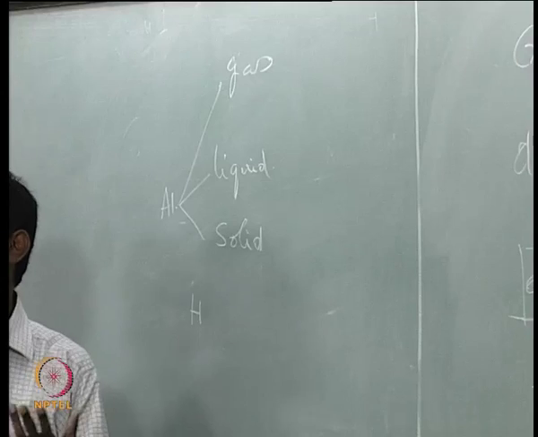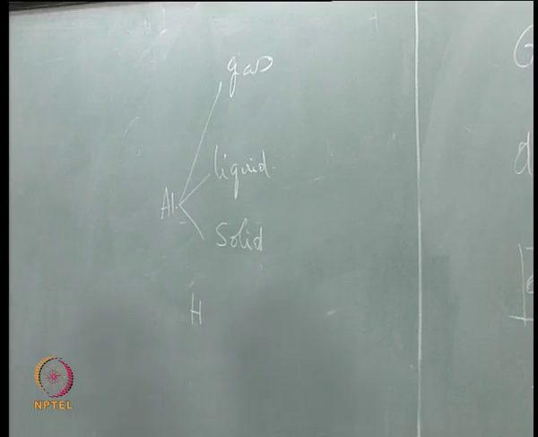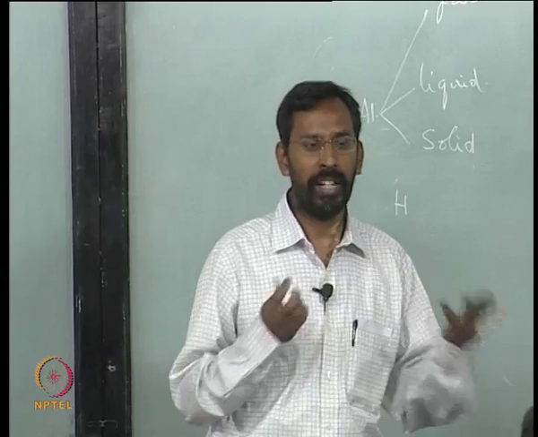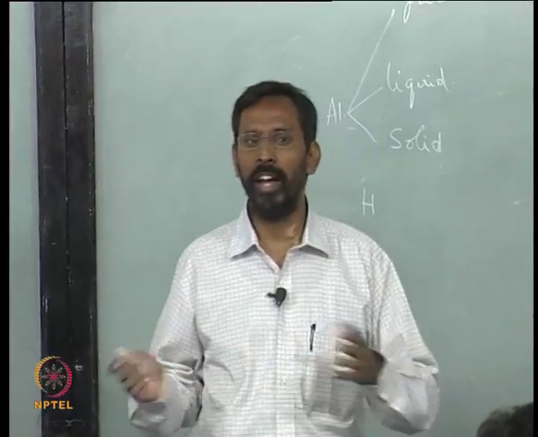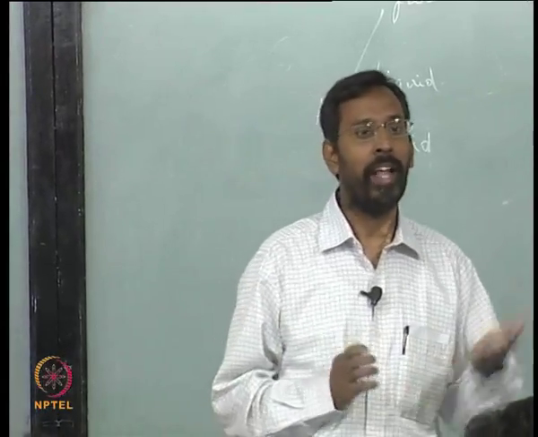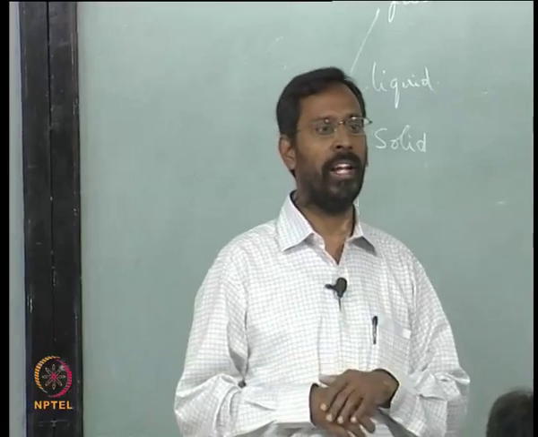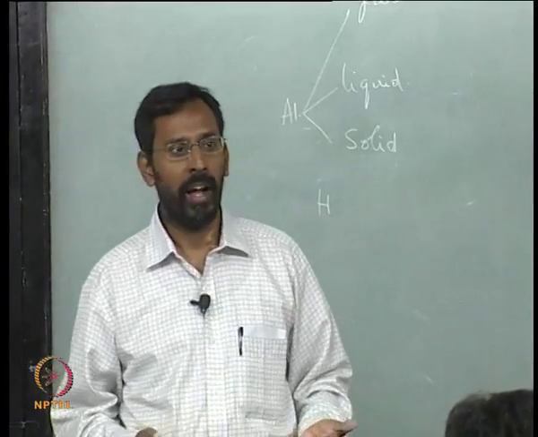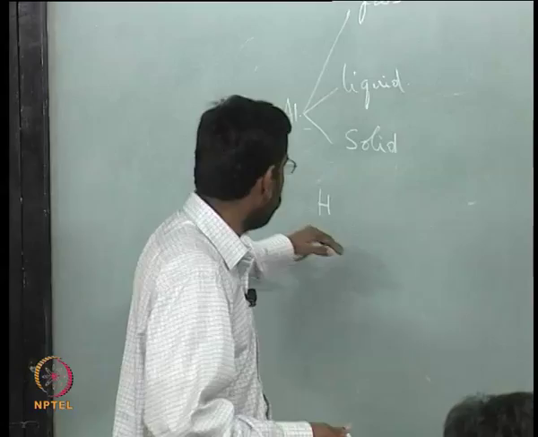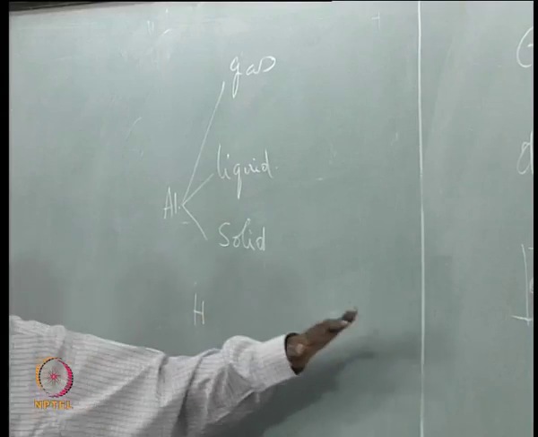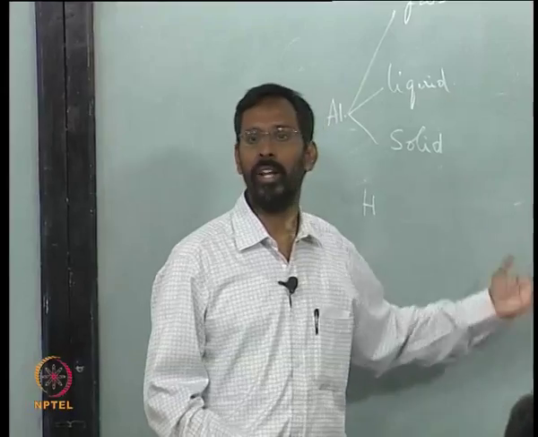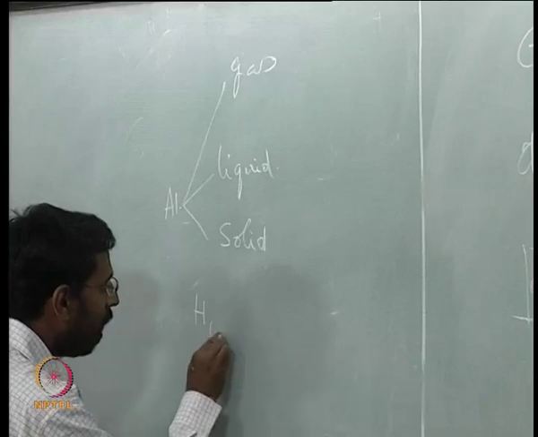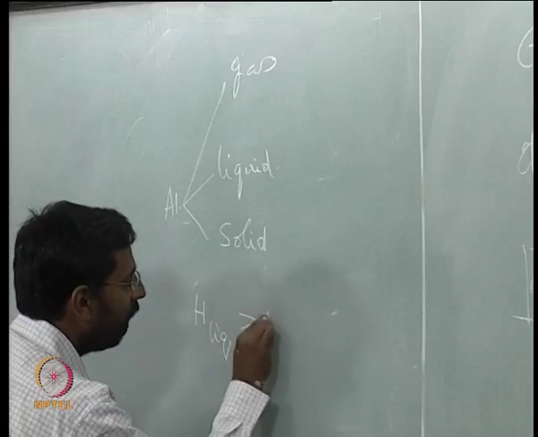Because the Cp of the liquid is always higher than the Cp of the solid. The heat capacity of a liquid is always higher than that of a solid. Why? The vibrations are more in a liquid when compared to a solid. As a result Cp is higher, and because H is nothing but the integral of Cp dT, H of liquid is always higher than H of solid.